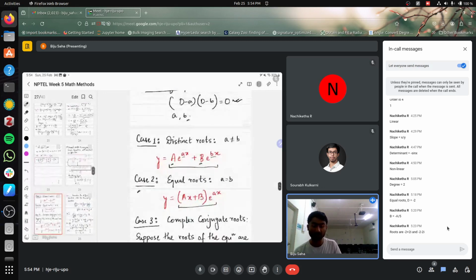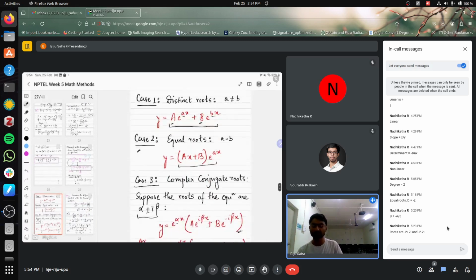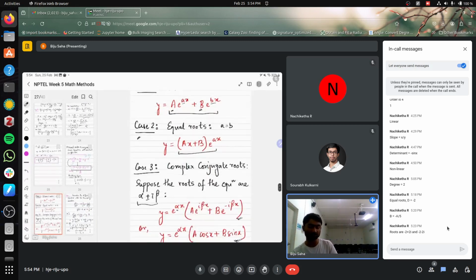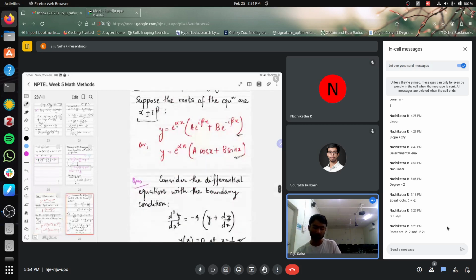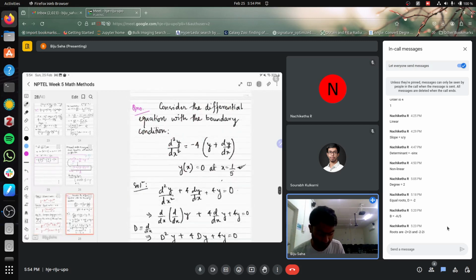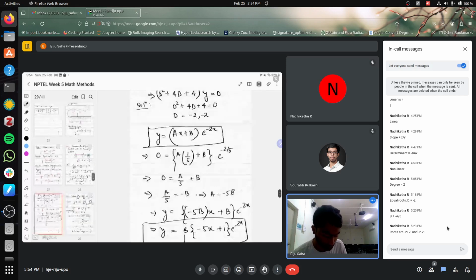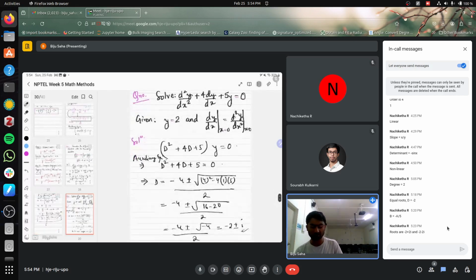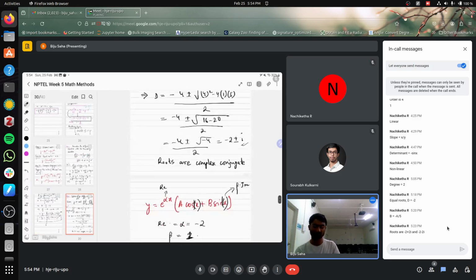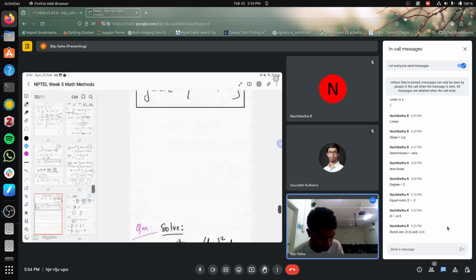Depending upon the roots, whether they are distinct roots, equal roots, or appear in complex conjugate pairs, we have three cases and each solution is different. So we worked out two such cases. The first case was equal roots, and the next case was imaginary roots, which appear in complex conjugate pairs. So we also solved that.